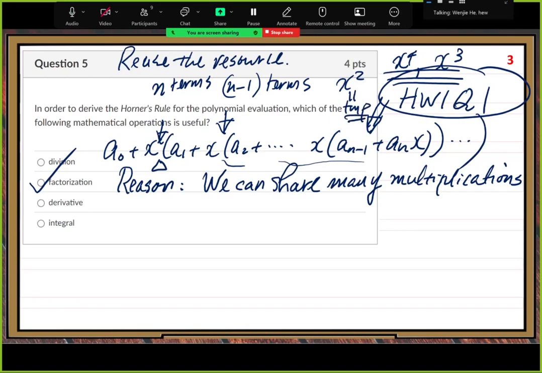After you calculate x squared, do not throw it away, because x squared is useful, it is your resource. So you can use x squared to get x cubed, also x squared to get x to the 4th, with the minimum number of multiplications. But that's the preparation stage.